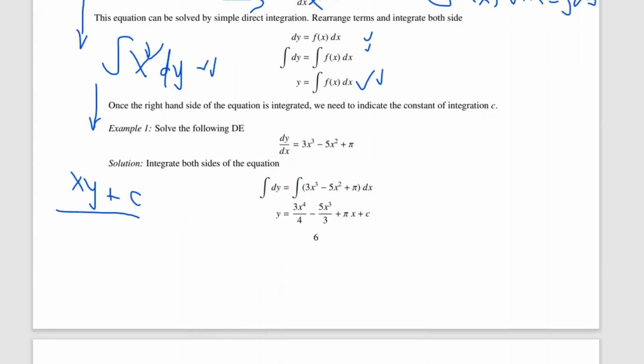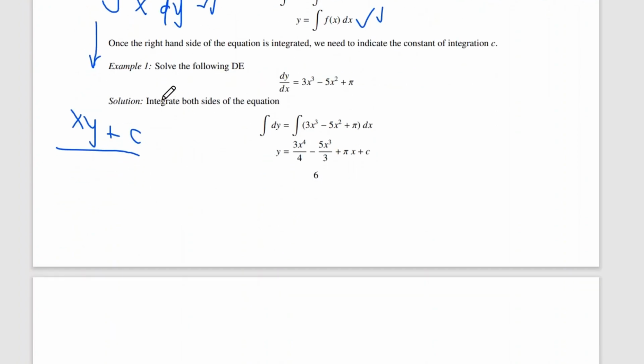Now, this is the simple example 1. dy over dx is equal to 3x cubed minus 5x squared plus pi. Our pi is a constant.